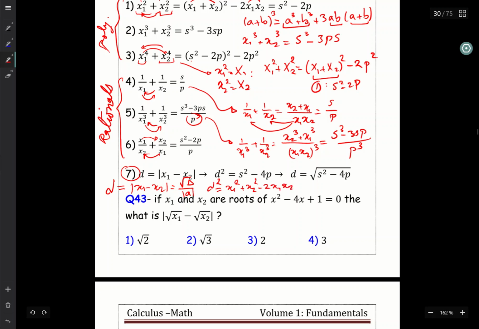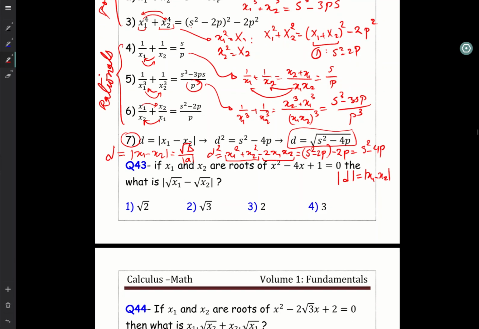And we already know that x1 squared plus x2 squared is s squared minus 2p, and then we have minus 2x1 x2, another 2p, so s squared minus 4p. Therefore d, the absolute value of x1 minus x2, is the square root of s squared minus 4p.